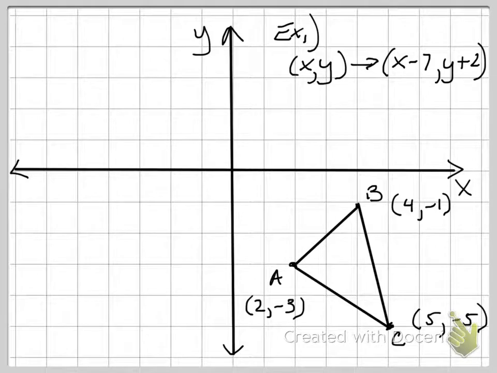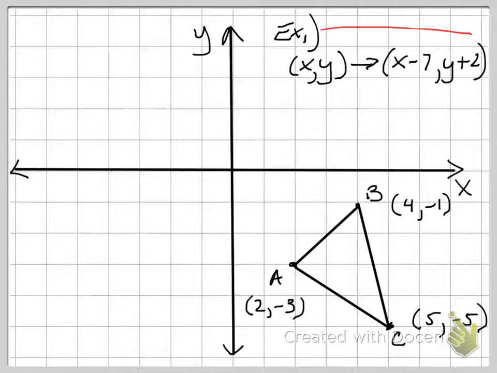So let's take this example one of a translation and let's apply it. The preimage of triangle A, B, and C is right there in that fourth quadrant, where A is at (2, -3), B is at (4, -1), C is at (5, -5).